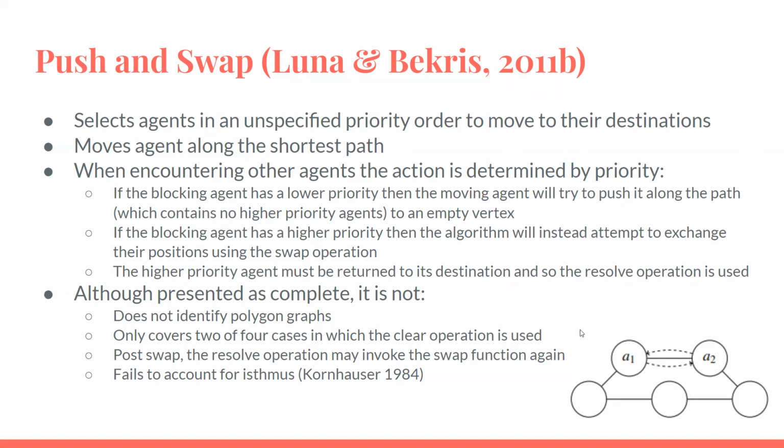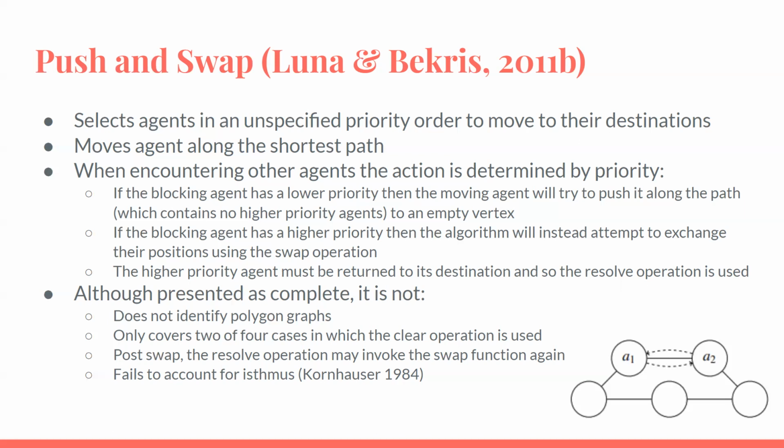A1 and A2 are both trying to get where each other are. One is blocking the other, and this is along their shortest path. So a swap is attempted, but there are no vertices in this graph with degree 3 or higher, so it would fail.